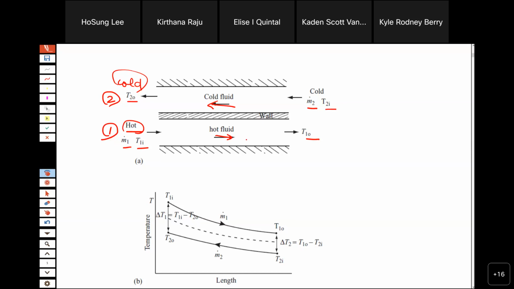It could be gas or liquid, it doesn't matter, just hot and cold. So number 1 is hot. I is inlet and O is outlet, so that you can easily distinguish. And then temperature and length.